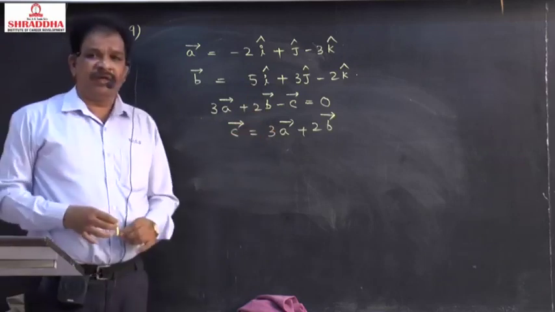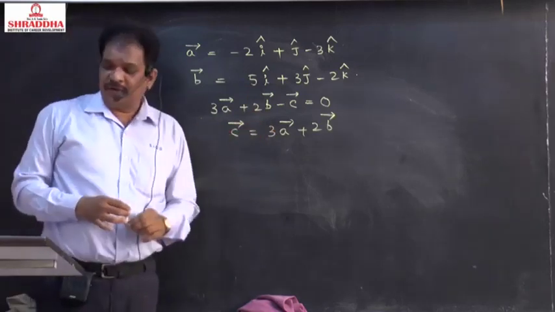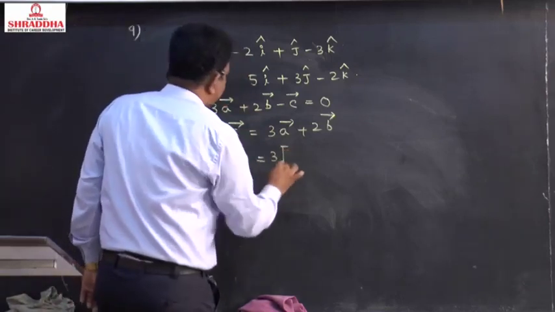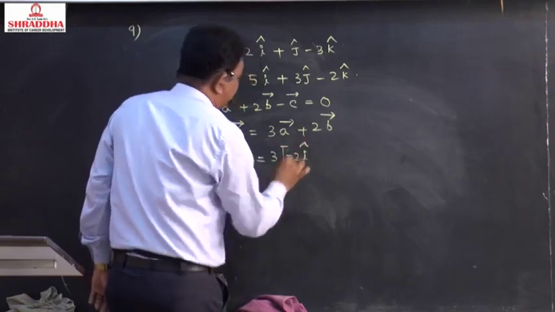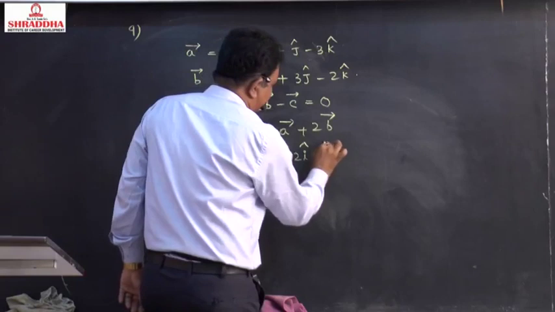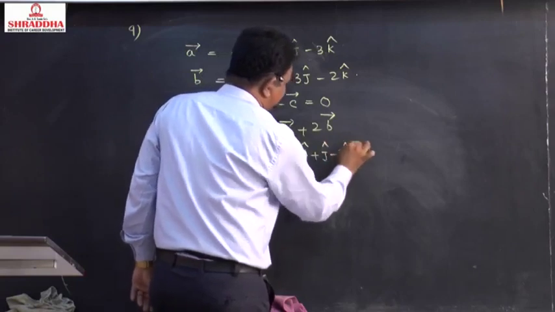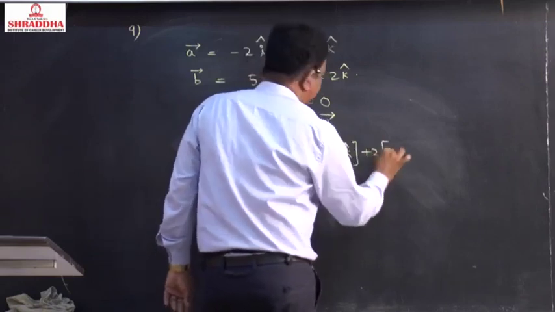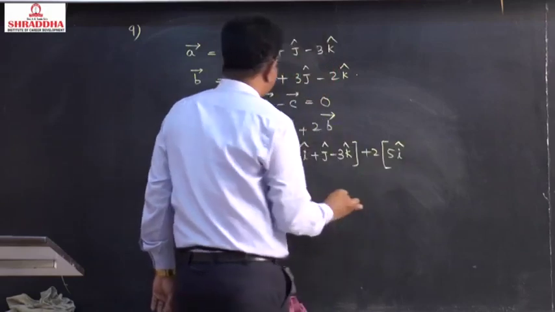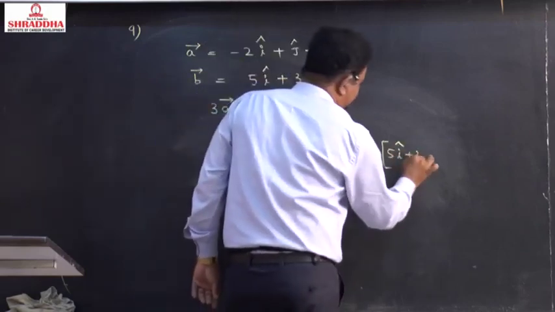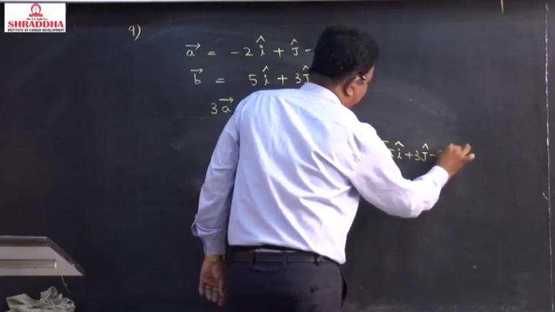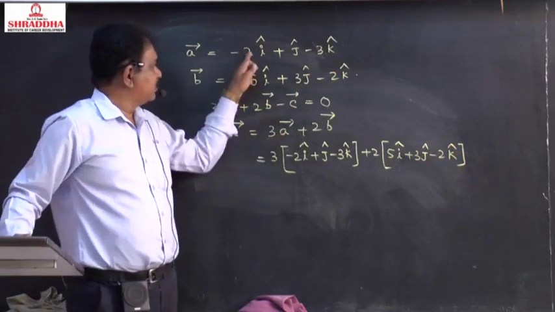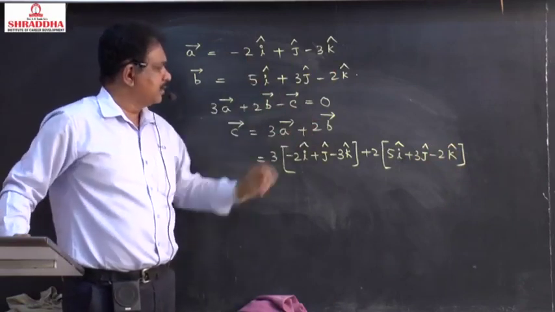By substituting here, we will get the value of C. So this is 3 into the A bar value, minus 2i cap plus j cap minus 3k cap, plus 2 into B bar, which is 5i cap plus 3j cap minus 2k cap.